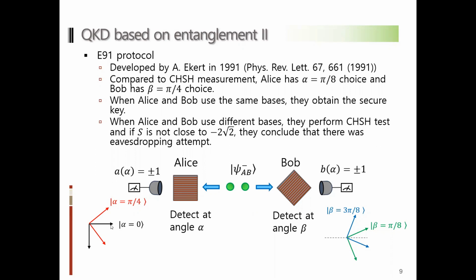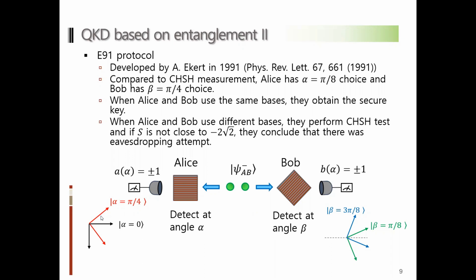And here, because there is no matching basis, meaning that the same basis is not used for Alice and Bob, there is no correlated result in general. But the goal of quantum key distribution is to generate a reliable secret key.